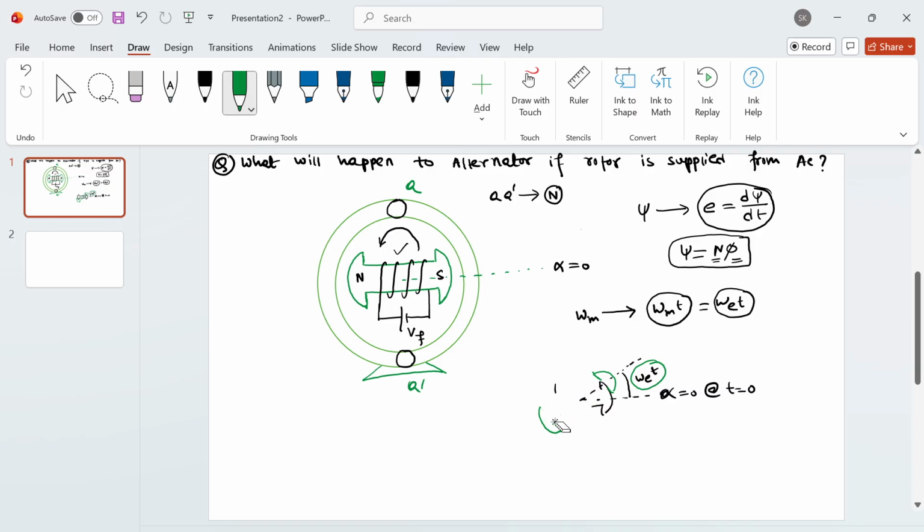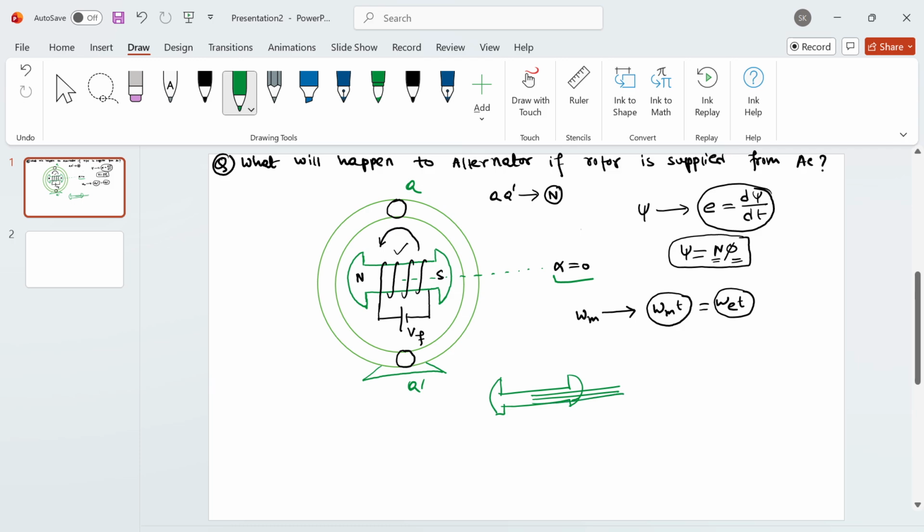I hope it is clear how your rotor flux will rotate. Now if I try to draw the flux linkages, at alpha equal to 0 you have the maximum number of flux lines passing through the AA dash coil, because the rotor is located in this way.